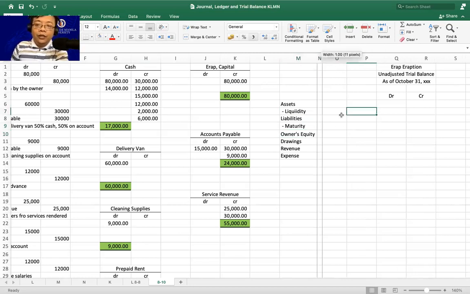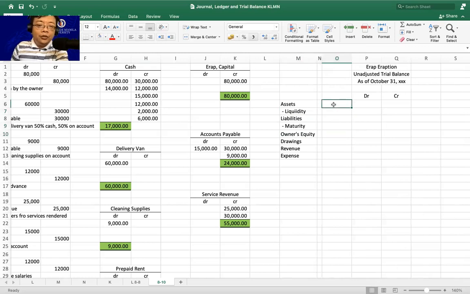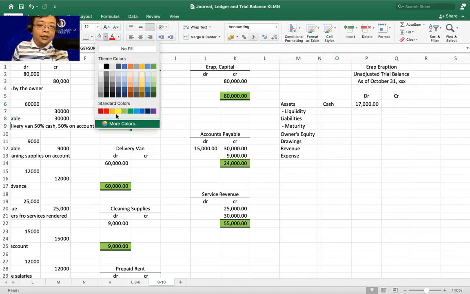Alright. So in terms of the unadjusted trial balance, what comes first? Of course, your cash. What is the balance of your cash? 17,000 here, so we put 17,000. We can put yellow here so at least we know we are finished.